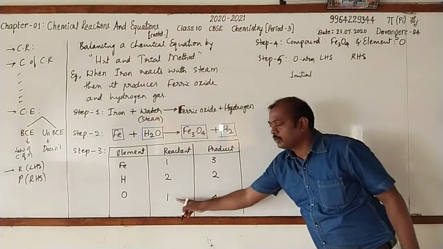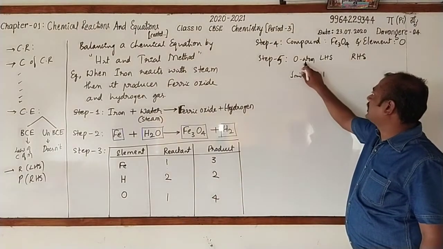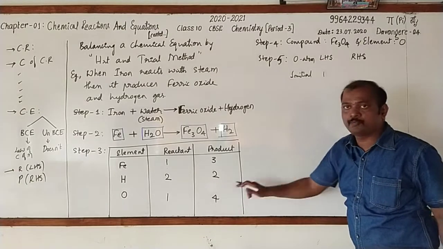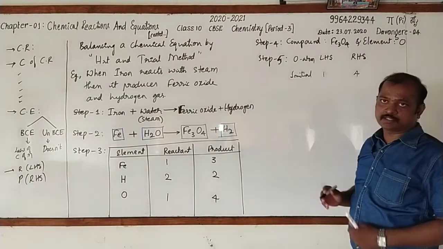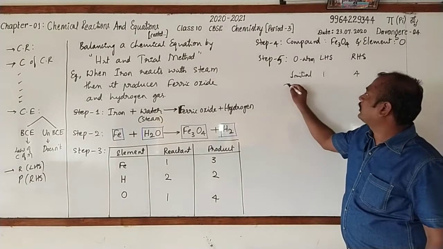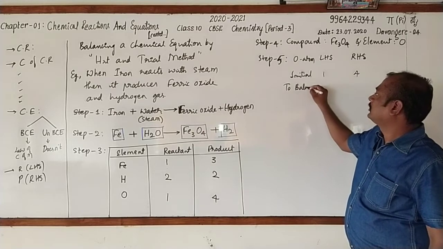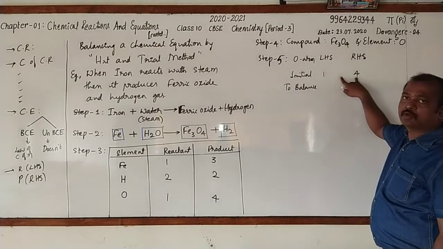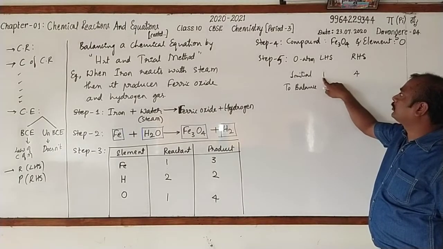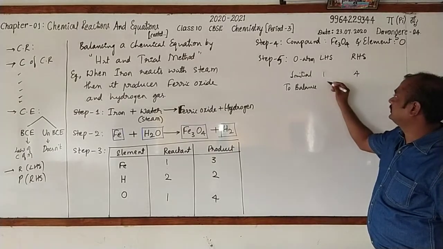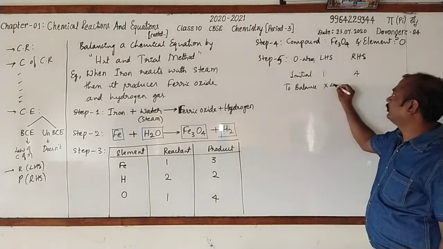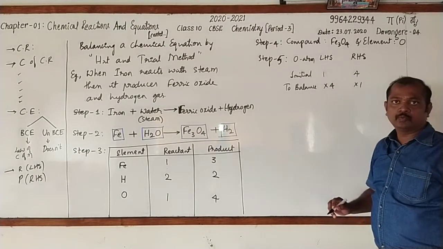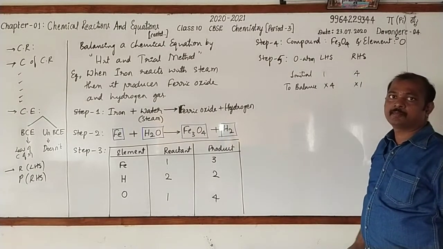Initially, there is 1 oxygen atom in LHS and 4 in RHS. Now, we are going to balance. Observe it. Here 1 is there, here 4 is there. What should be multiplied with 1 to get 4? Yes, it is into 4. Here into 1.